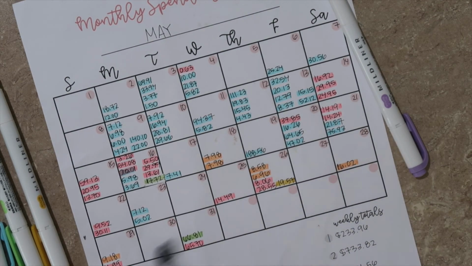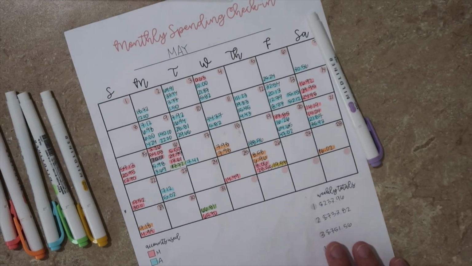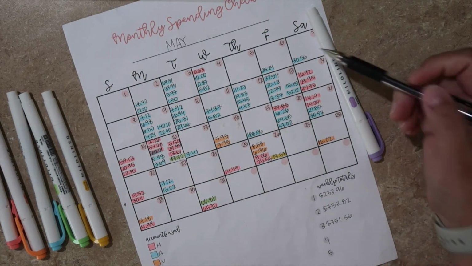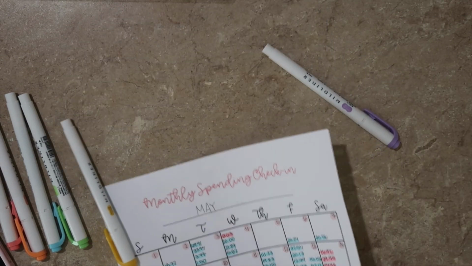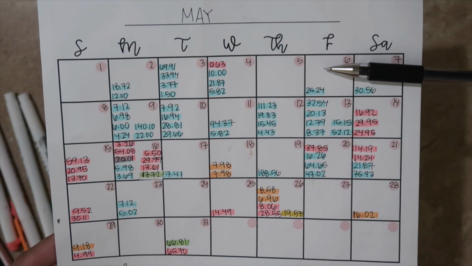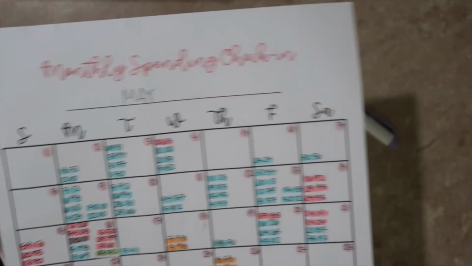So this is all of May summed up for you. So I'm gonna go ahead and add the totals of these last 2 weeks. Okay, so it's very obvious that I shop the most at the beginning of the month versus the end.